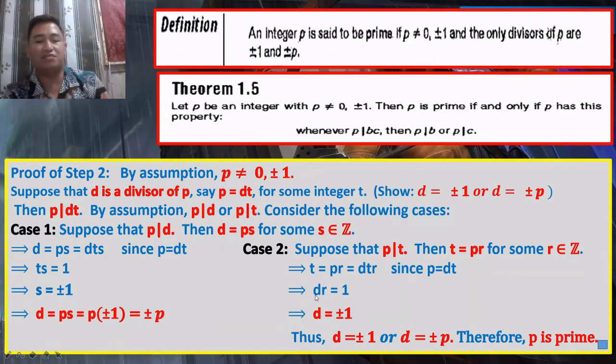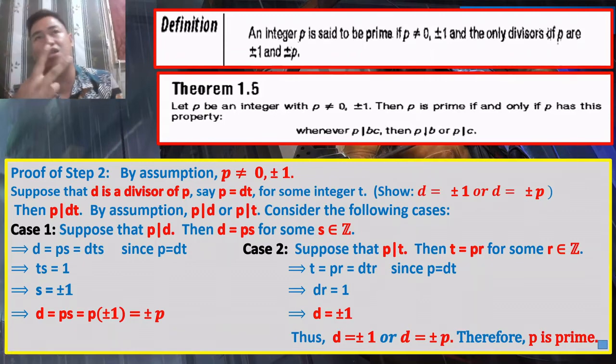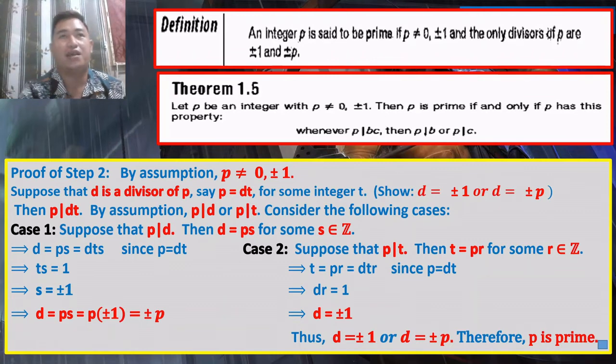The integers whose product is 1 are D and R both 1, so 1 times 1 is 1, or both negative, negative 1 times negative 1. So D is positive or negative 1. Thus we have shown that D is equal to positive or negative 1. So we have shown that the only divisors of P are those two. Thus, D is equal to positive or negative 1 or D is equal to positive or negative P. Therefore, P is prime.